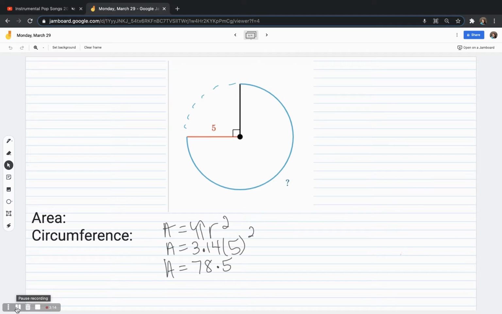Now, if I divide this here by 4, that would give me an area of 19.625. Now, remember, when I divide something by 4, that's going to give me a fourth of the circle. So if I split this circle up into fourths, that means that each section here is 19.625.